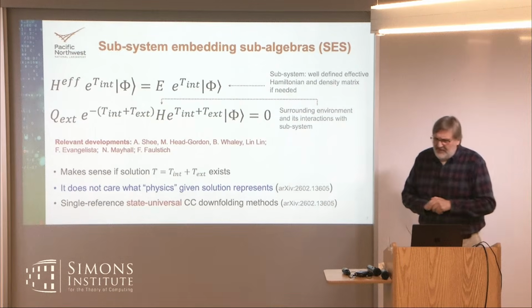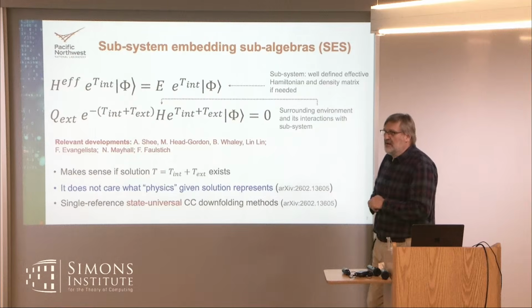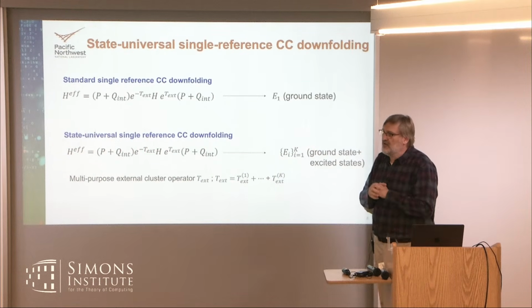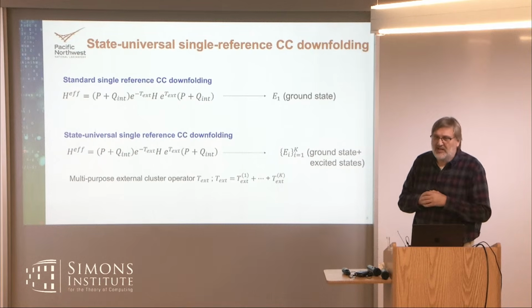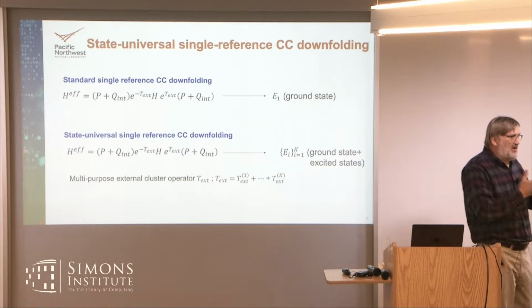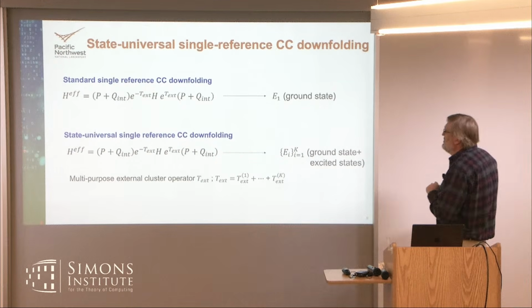And this is also a very recent development about the state universal coupled cluster downfolding, because right now, so far, we're talking about the ground state applications, but how can we go beyond the ground state? Can we have a similar structure describing excited states? And it turns out this is possible.